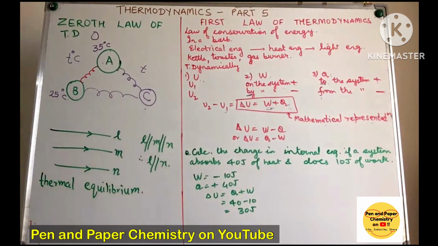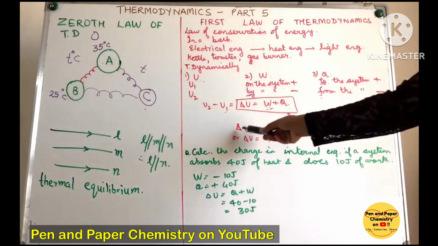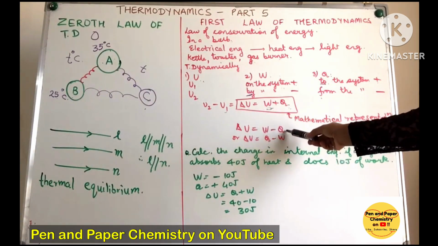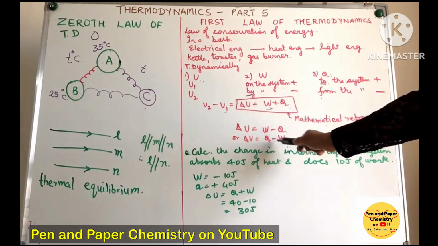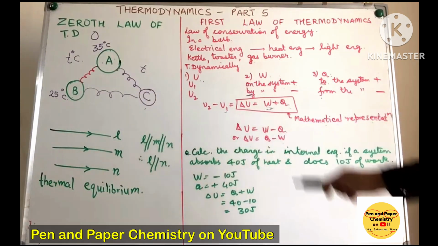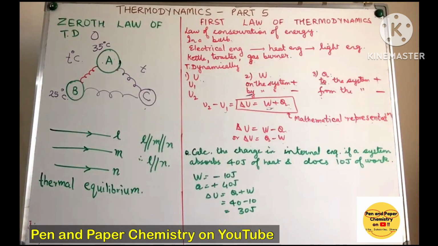If on the other hand you want to write that Q is the amount of heat removed from the system, then delta U becomes W minus Q. Or if you say that it is the work of expansion, expansion means the work is being done by the system, the gas is expanding, then in that case W takes a negative sign and you have delta U is equal to Q minus W. So that is why when you are representing it mathematically, you have to clearly state whether W is the work done on or by the system, and whether Q is the heat added to the system or removed from the system.